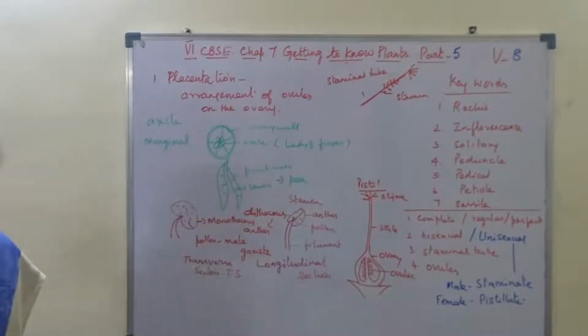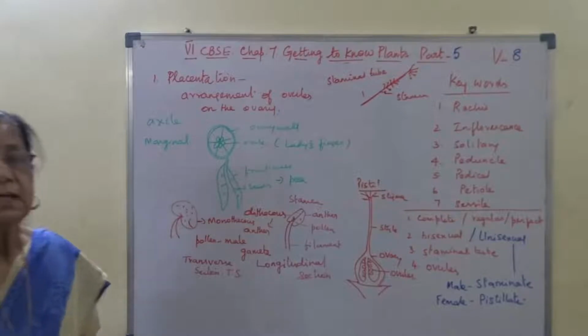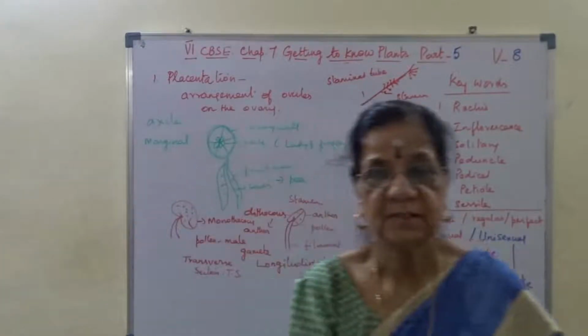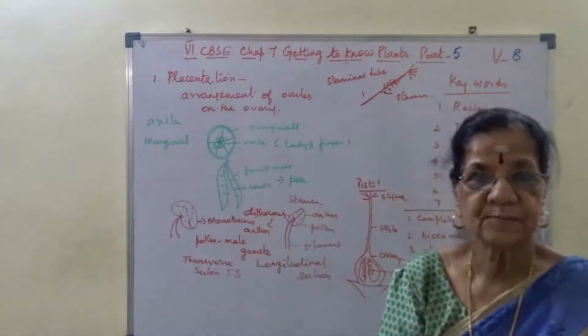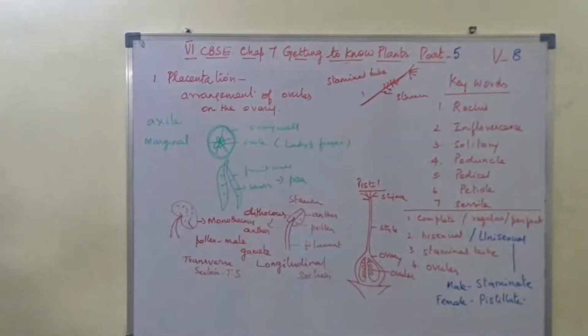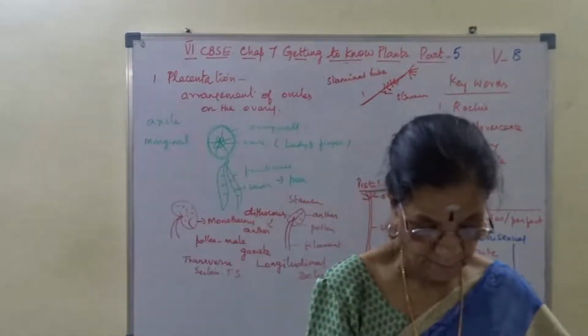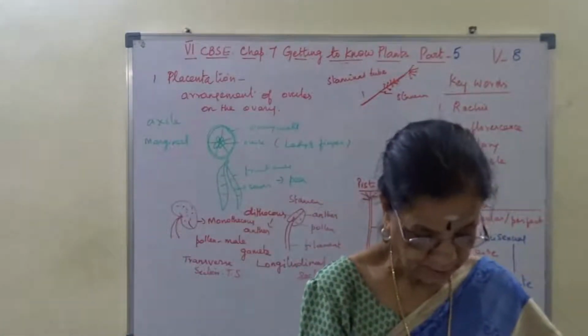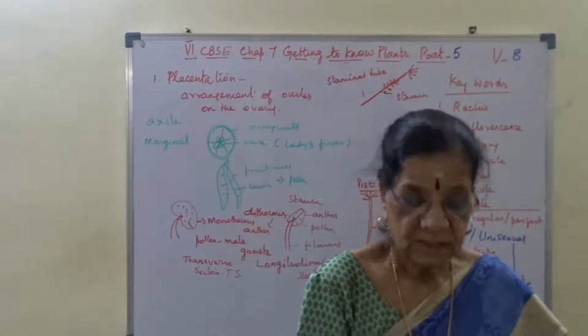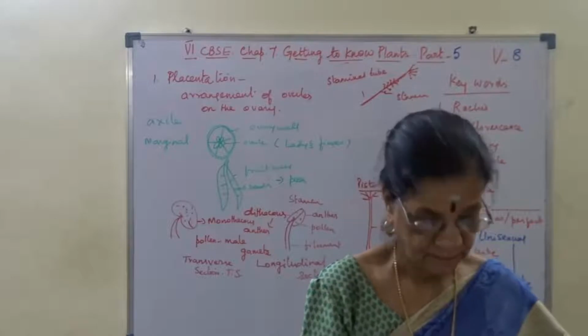I hope you understand. So first transverse section, second one longitudinal section. That is what is given here, especially when we cut with reference to the ovary part of the flower. It is as transverse section and longitudinal section.